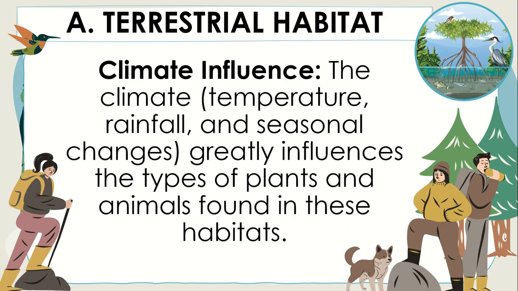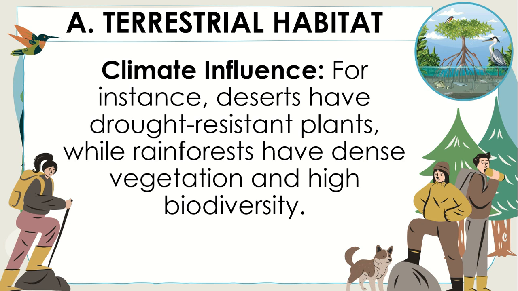Climate influence. The climate, or temperature, rainfall, and seasonal changes, greatly influences the types of plants and animals found in these habitats. For instance, deserts have drought-resistant plants, while rainforests have dense vegetation and high biodiversity.